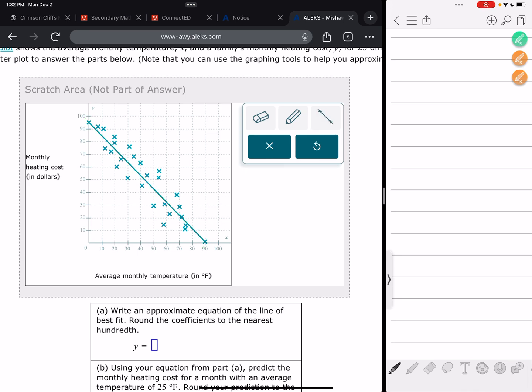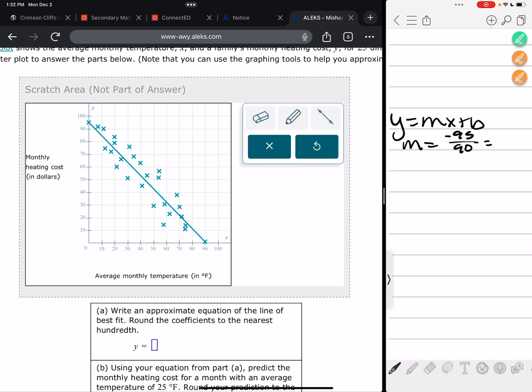So remember, when I want to make an equation, I need two things. When we have y equals mx plus b, I need my slope, which is m. My slope I see from my top line, I go down 95, so that's negative 95, and I go to the right 90. So I'm going to go negative 95 divided by 90, and it tells me to round it to the nearest hundredth.